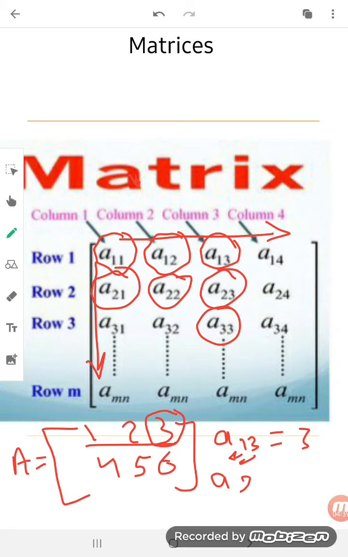A2,2 means the element that lies on the second row and the second column. This element is 5.